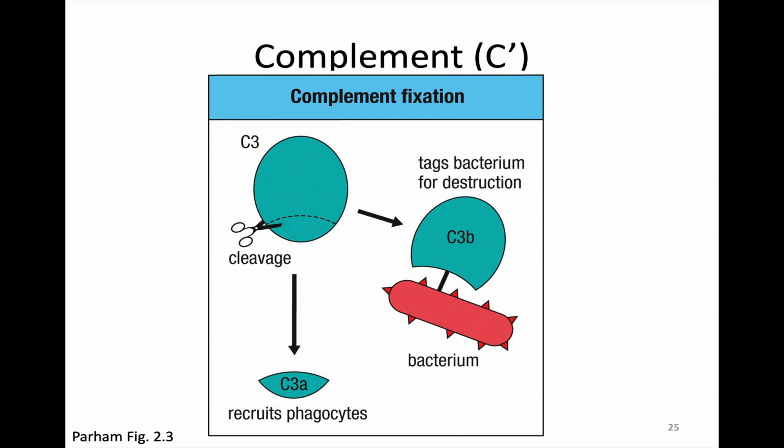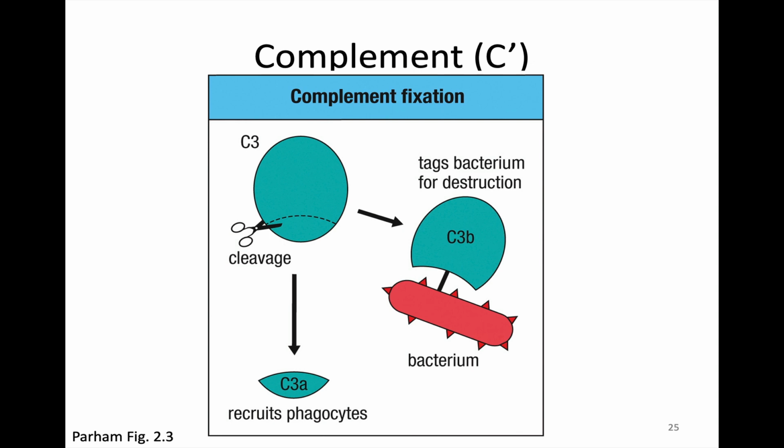And when complement starts happening, a complement protein will get cleaved. There'll be some kind of protease that cleaves the complement protein, and we'll get fragments made of that complement protein. When we make those fragments, usually there'll be one that floats away and one that gets stuck to the microbe or whatever other surface this is happening on.